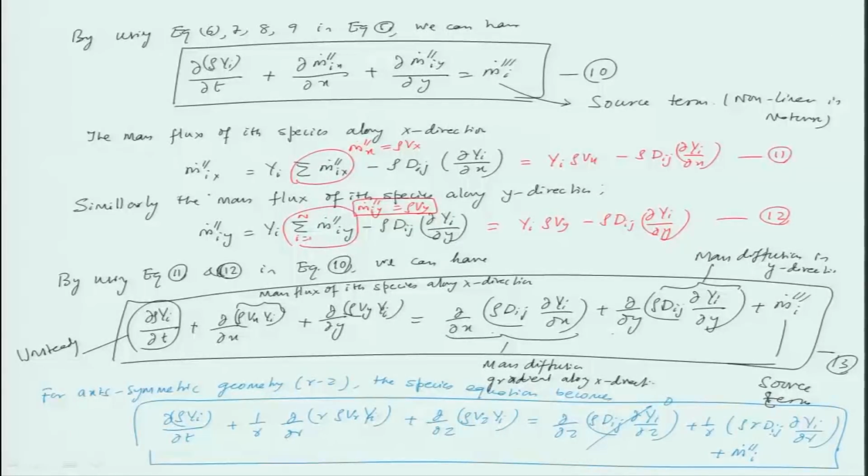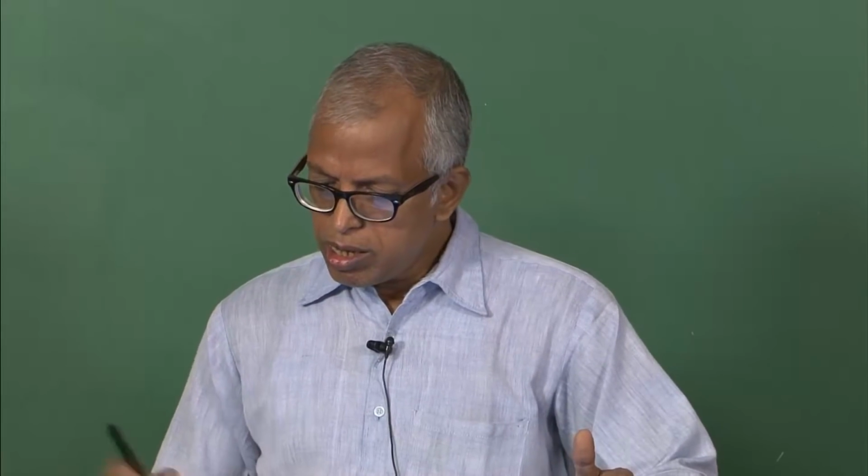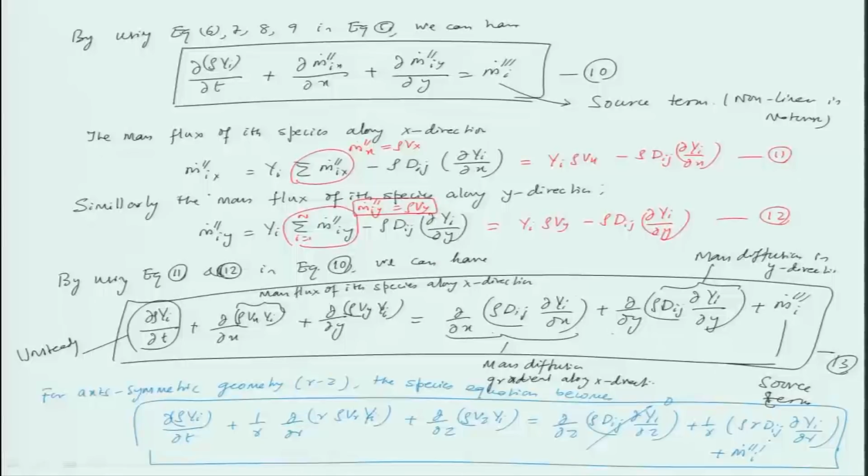We will make this approximation whenever we are dealing with a jet diffusion flame, because a jet diffusion flame will use these axisymmetric equations. So, it is very important to look at it, and similarly you can write down for the spherical coordinate system also. Yes, m dot triple dash. Triple dash. Yes, yes, right.